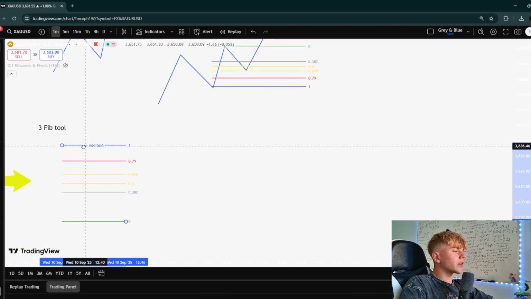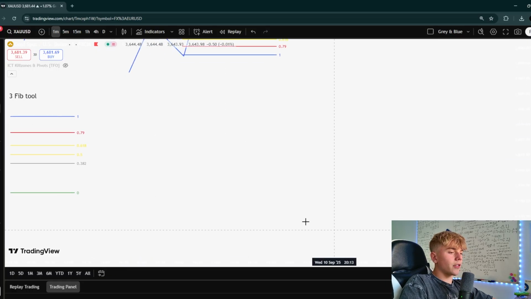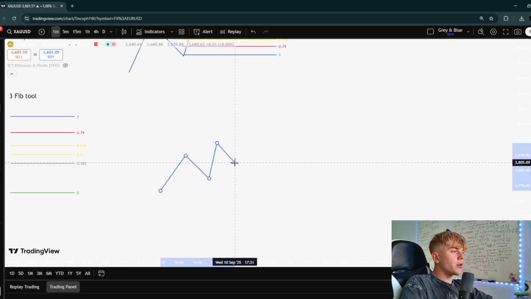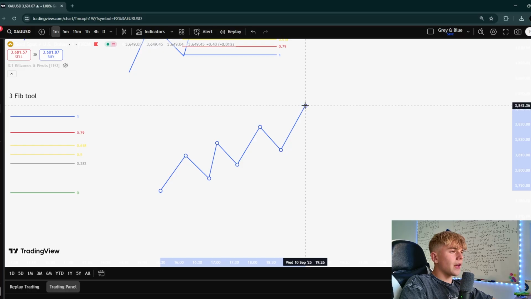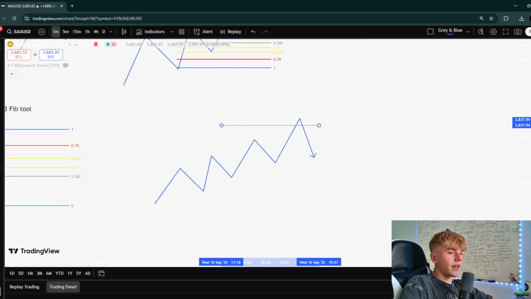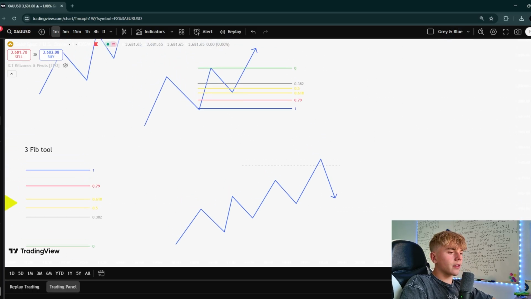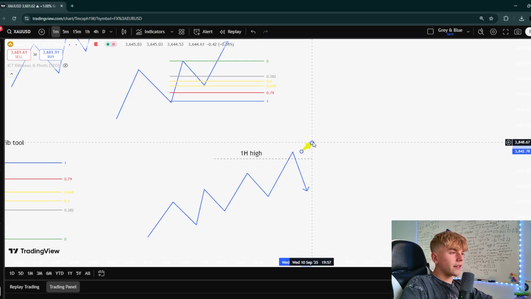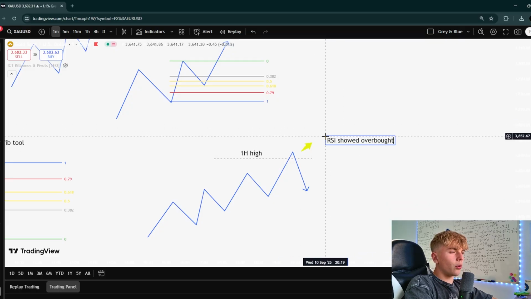Now, what we want to see basically is, let me run through an example already. We were moving in an uptrend like so, and all of a sudden price had a big liquidity sweep above a 1 hour high. So let's say this dashed line is a previous 1 hour high. The RSI was overbought in this area, so RSI showed overbought.